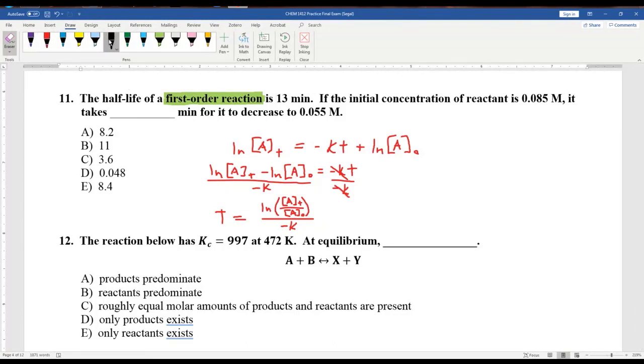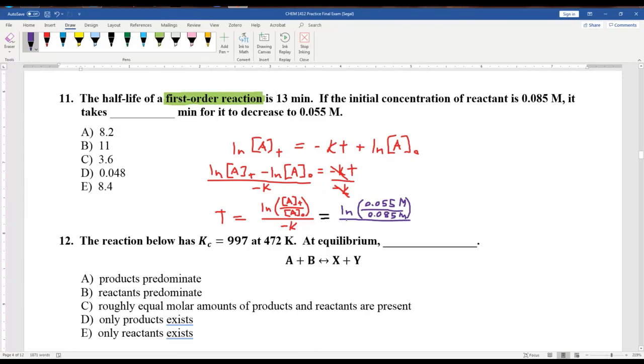Now while I do have the initial and final concentrations, final concentration 0.055, and I do have the initial concentration 0.085, I don't actually have k. So that means I have to solve for it.